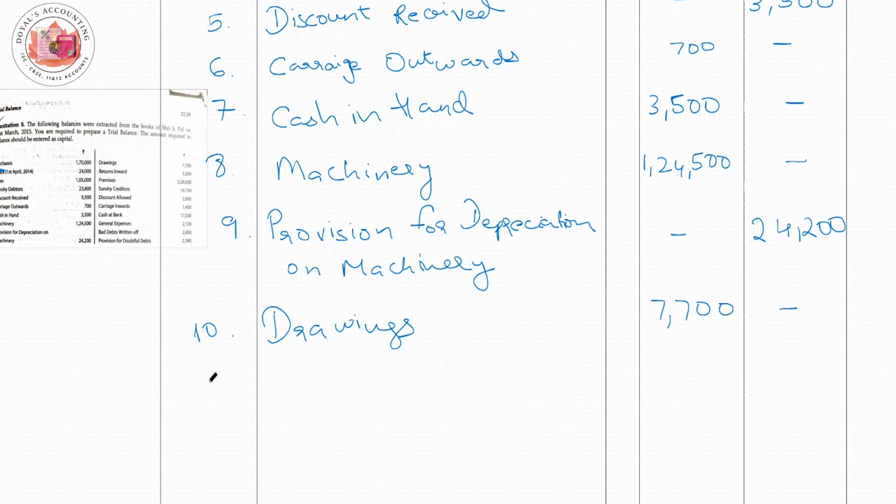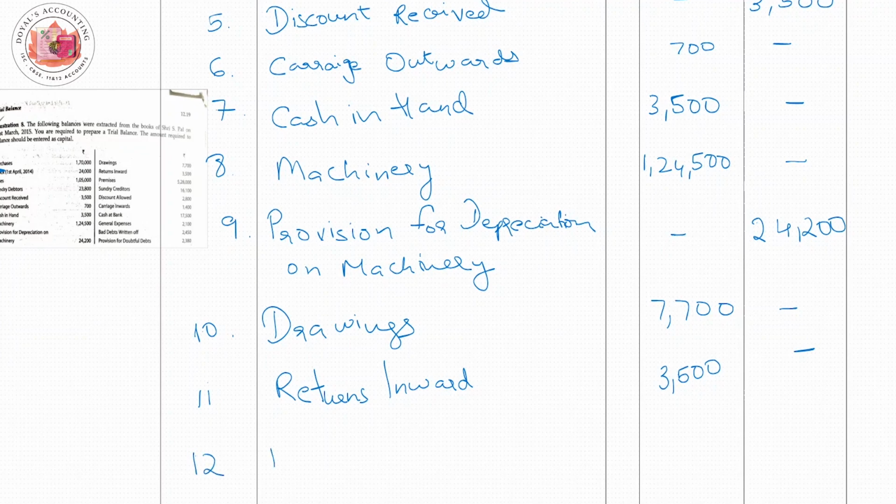Then we have returns inwards. What are returns inward? That means goods are coming inside the company. What this basically means is that it's a sales return. So sales return will always have debit balance. Next one is premises.